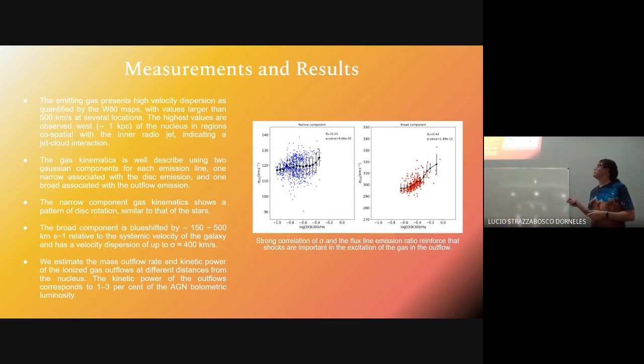And what we found is that the kinetic power of the outflows corresponds to 1 to 3% of the AGN bolometric luminosity.